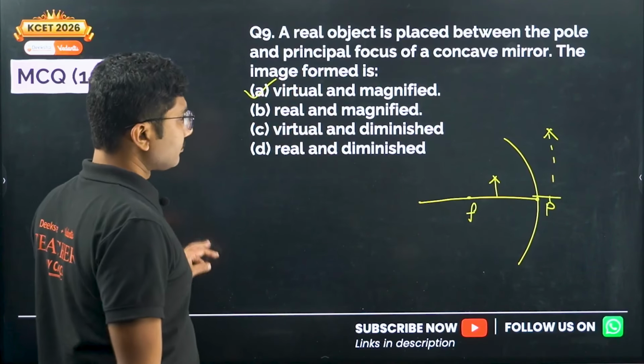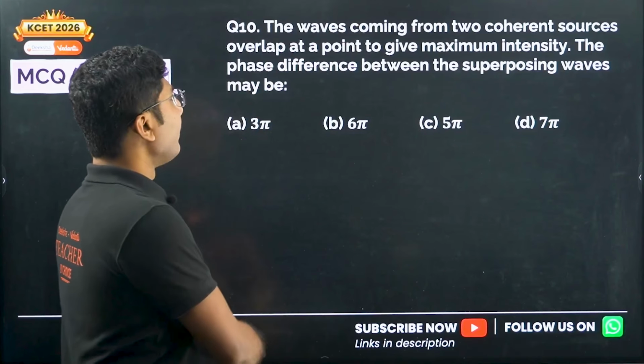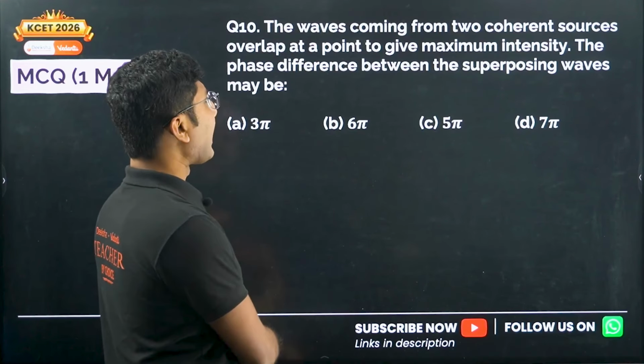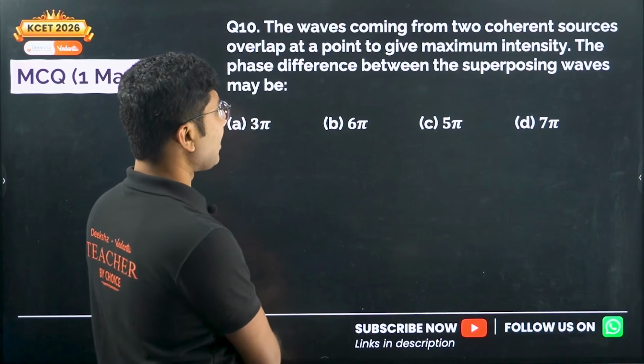Next case: the waves coming from two coherent sources overlap at a point to give maximum intensity.